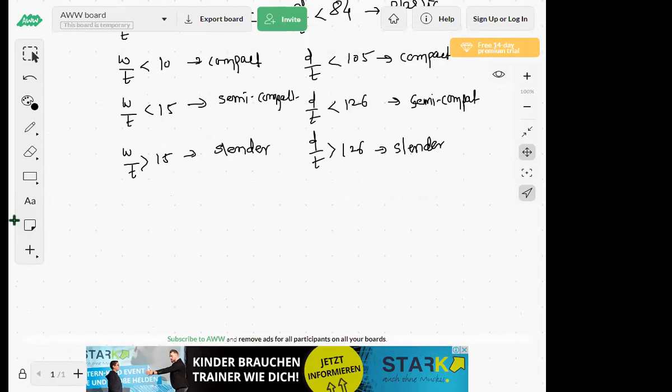Okay, now step number 9. Calculate plastic modulus for the angle section.